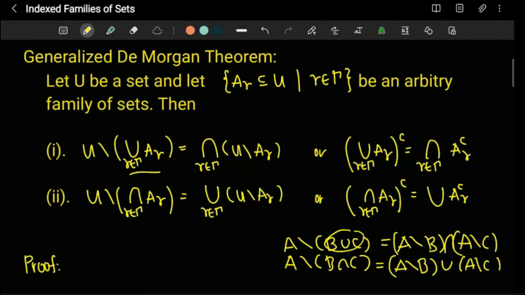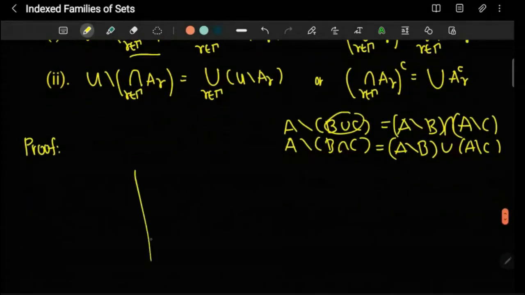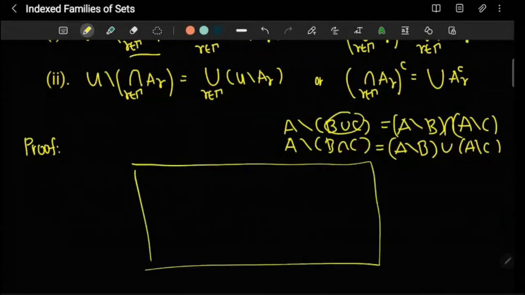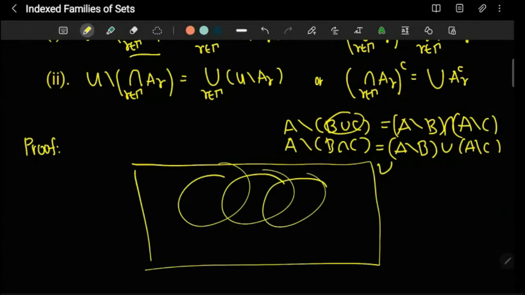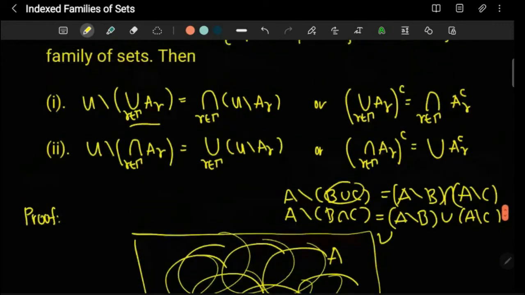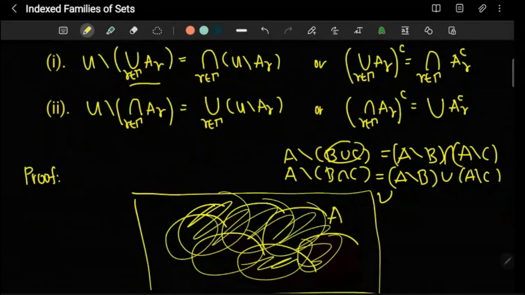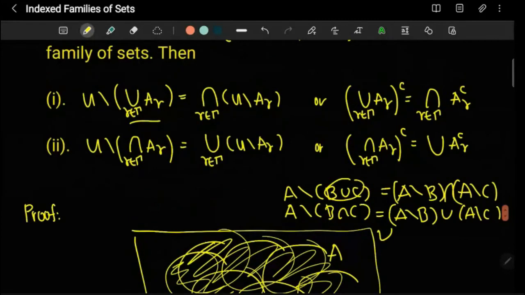Okay? So for the sake of illustration, let's say we have this U as our universal set and you have A all over U. Okay, so that's your collection of sets. So what we're doing here is we're getting the union of this set. So you get the union, you get the union, you get the union. And then you get the complement.